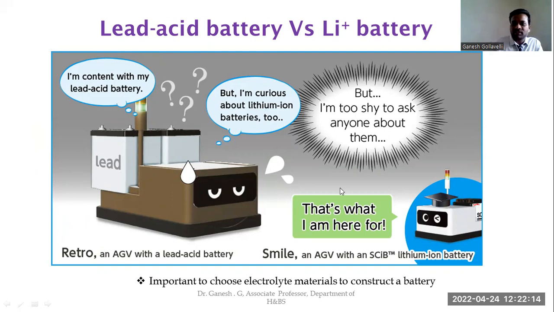Whereas the vehicles run by lithium ion batteries are smart enough, occupy less space and are eco-friendly. Its weight is also low. So that's why lithium ion batteries are highly advantageous compared with lead acid batteries or other batteries commercialized so far. So that's why it's very important to choose electrolyte materials to construct a battery.